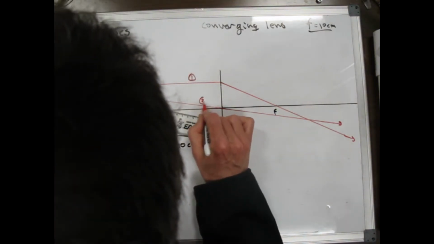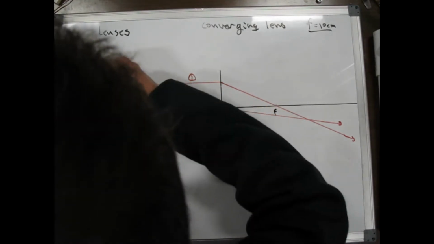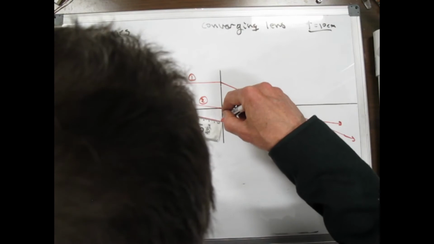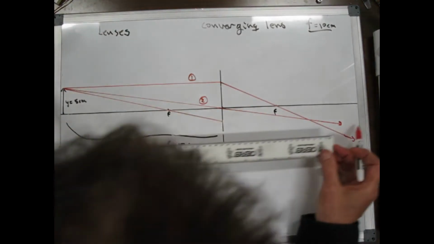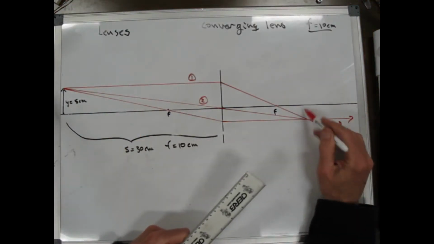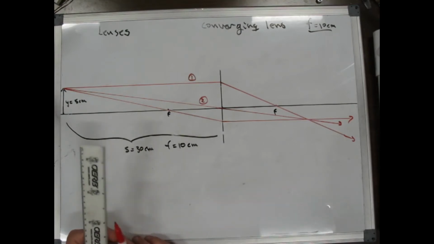That was ray 2. A ray through the center is undeflected. And then finally a ray through the focal point on this side, if I can do that right, is bent parallel to the optic axis. So maybe something like that. And you can see all those rays cross at a single point.